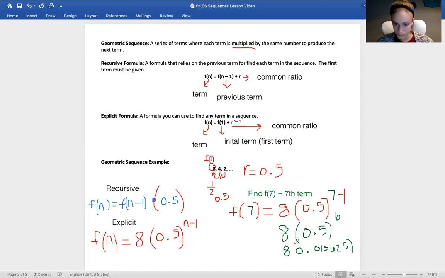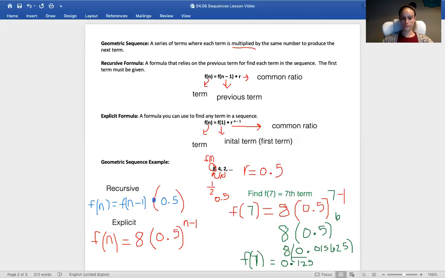Whew. And now we can go to our multiplication or division step, in this case multiplication. So the 7th term of the sequence, 8 times that decimal that we just received, is 0.125 millionths.